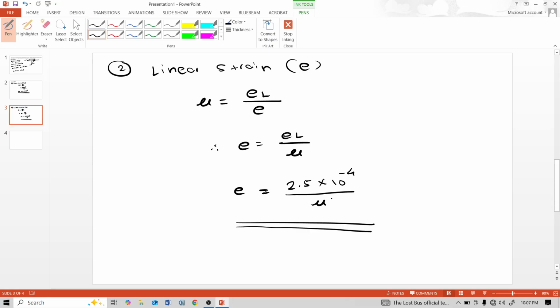Our interest is to find Poisson's ratio, and after this we find modulus of elasticity.